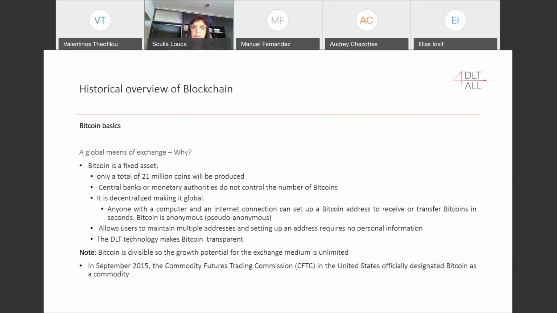Even though they say that Bitcoin is anonymous, I wouldn't say that it is anonymous as such. I would call it more pseudo-anonymous. It's not easy to identify who are the Bitcoin holders, even though nowadays there are companies around the world that are working towards identifying the flow of cryptocurrencies and who sends what.